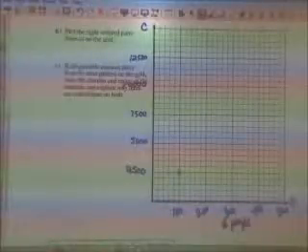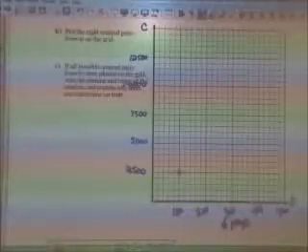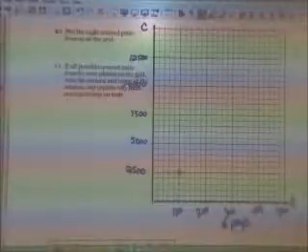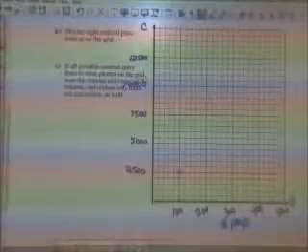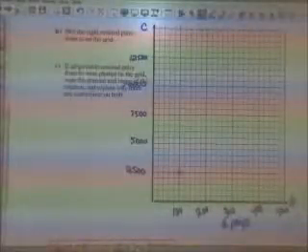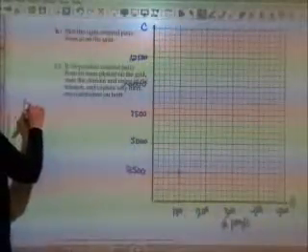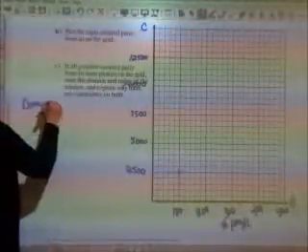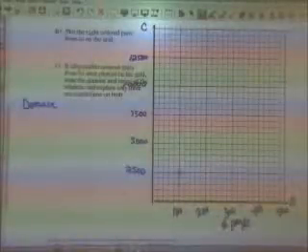What's the domain? To 500, okay? Is it all of the numbers between 100 to 500?